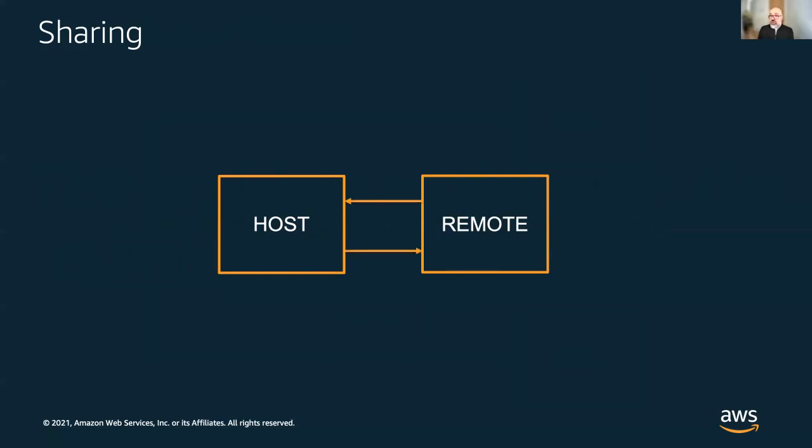And then you can also share on the other side, so you can have a host that is sharing a portion of itself with the remote. Now, this can be very complicated. It could happen just once, and once again, happy days, it's just once, so it's not a problem. But when it happens across the entire application, remember that you're working with a distributed system. It can be complicated to maintain, especially in the long run.